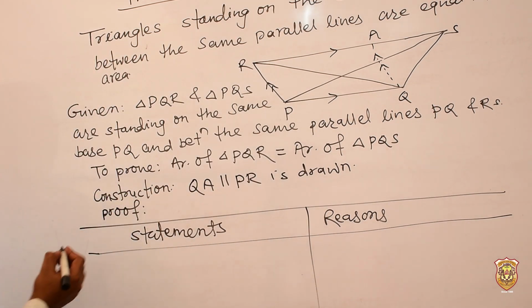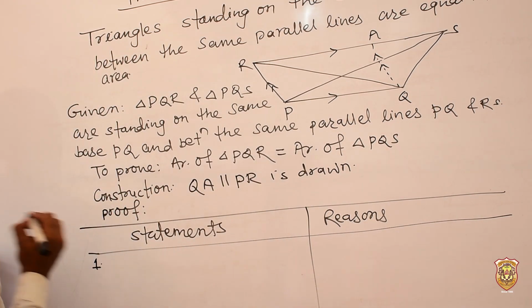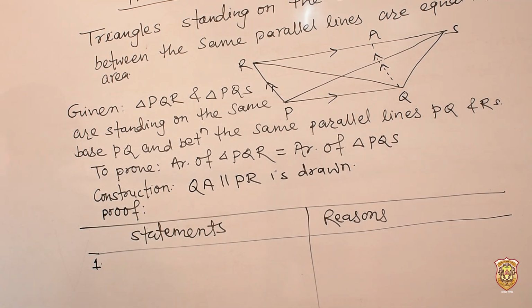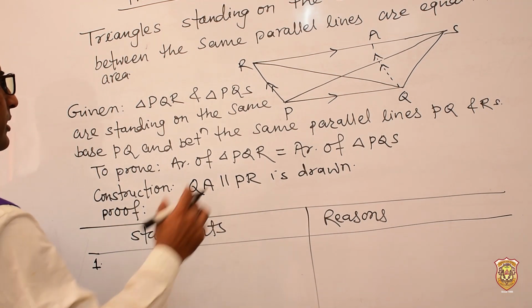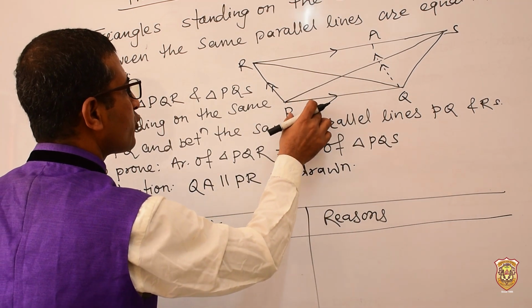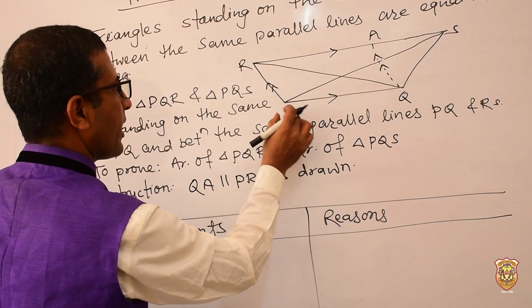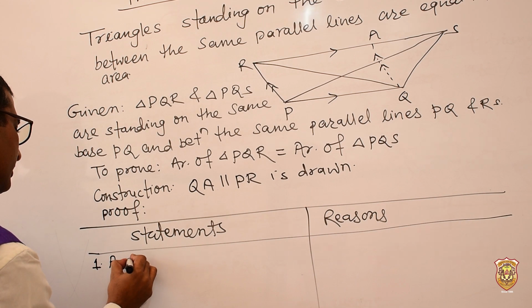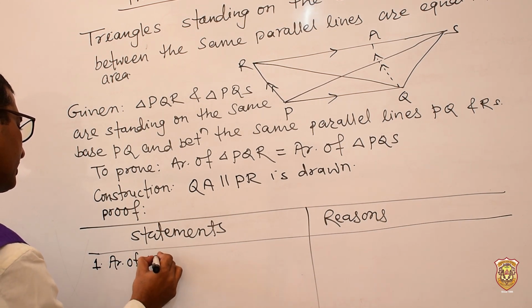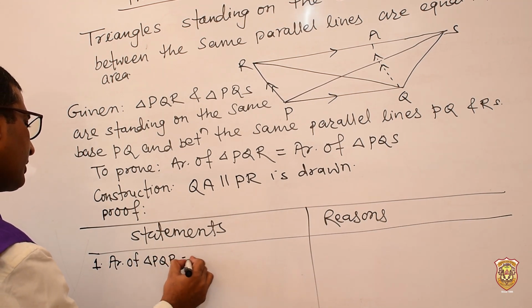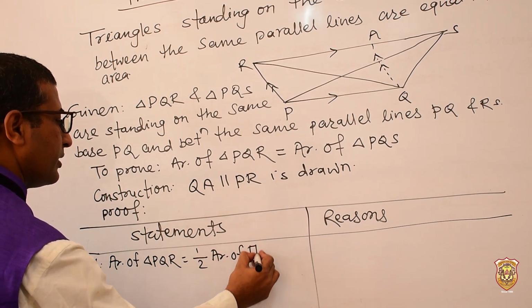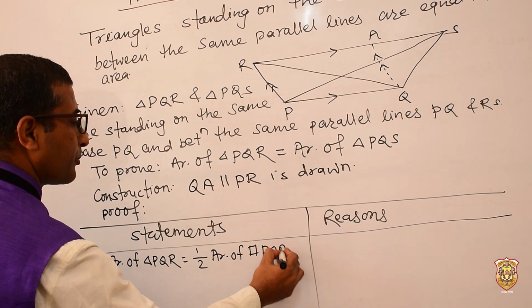PQAR, and we have learned area of a triangle is half the area of a parallelogram standing on the same base and between the same parallel lines. So here in this figure, triangle PQR and parallelogram PQAR, area of triangle PQR is half the area of parallelogram PQAR.